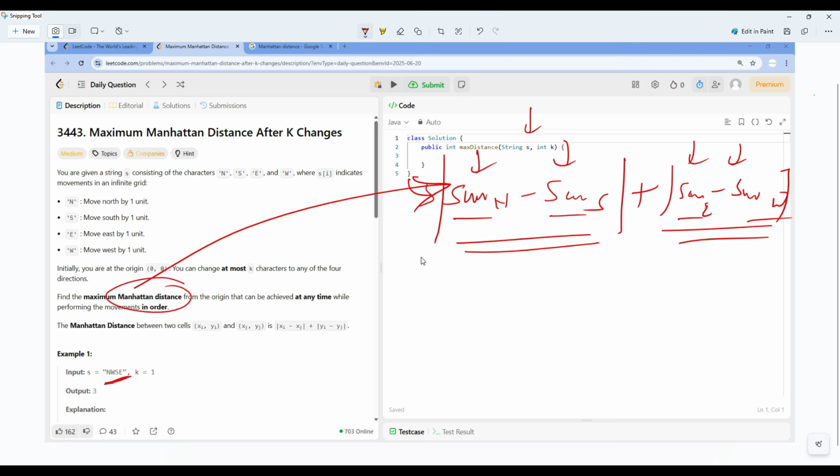Then just think that when we try to modify the letters in the string, there are 3 possible cases. What are the possible cases?